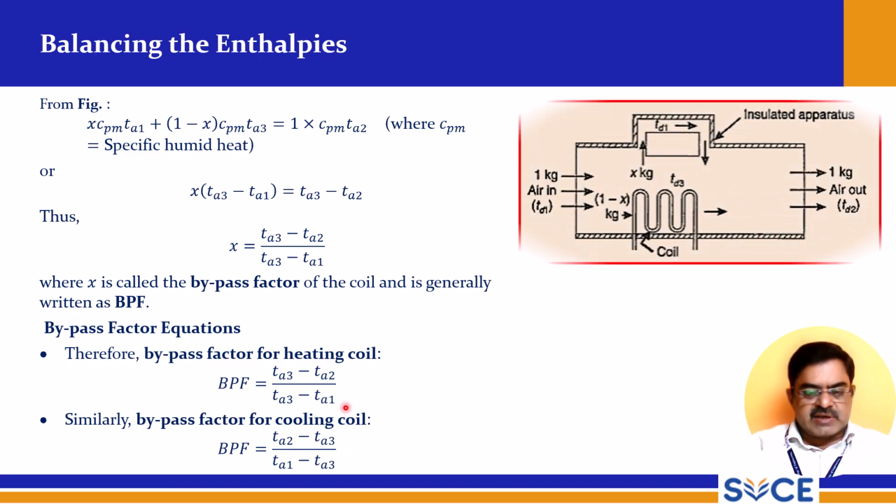This is the diagram. 1 kg of air is in at Ta1. This is 1 minus x, and x kg is going through the fins, and this is the insulated apparatus. 1 kg of air is out at Ta2, and this is the coil, and Ta3 is the coil temperature. It may be a cooling coil or a heating coil also.